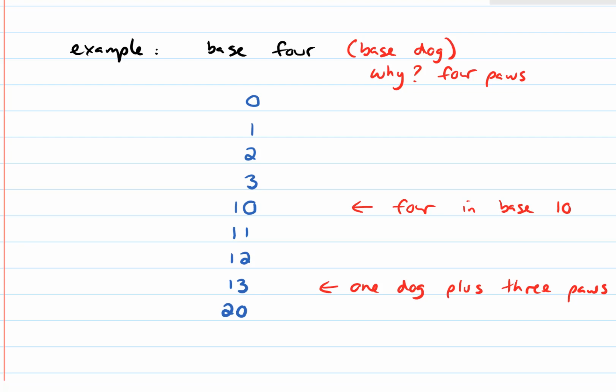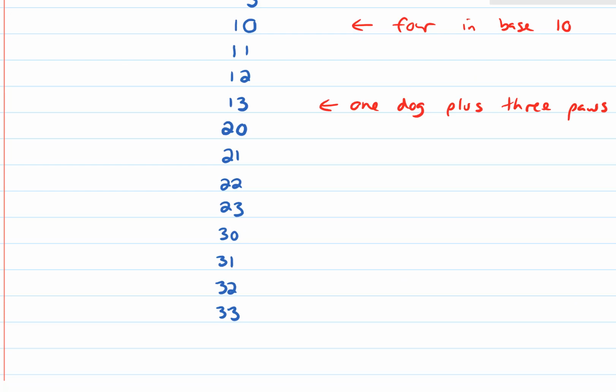In other words, 1, 3 base 4 is 1 dog plus 3 paws for a total of 7 paws, and then 2, 0 is 2 complete dogs or 8 paws. Continuing onward, we get all the way down to 3, 0, 3 dogs, no paws for 12 paws, 3, 1, 3, 2, 3, 3, and then the question becomes, how do you actually write that?